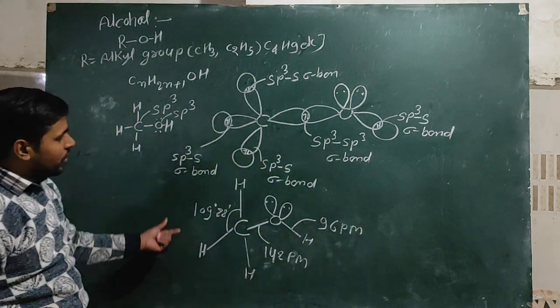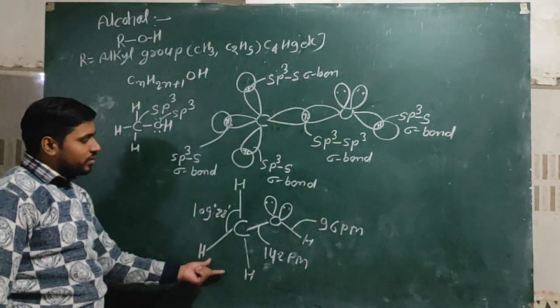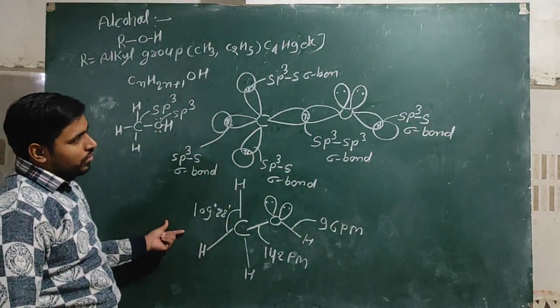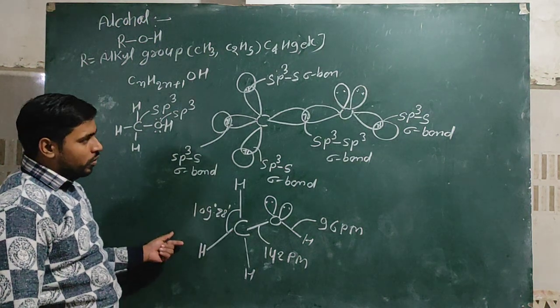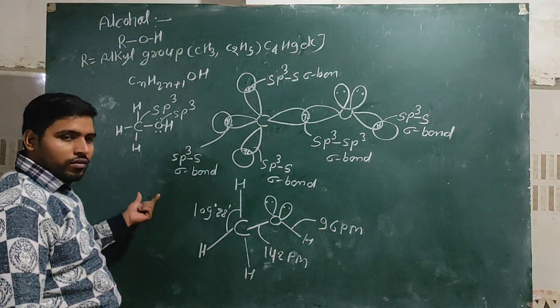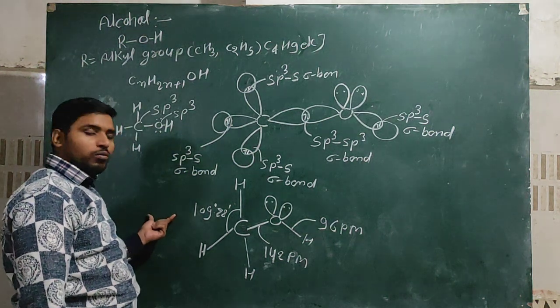On the basis of this type of discussion, you can easily understand what is the structure of alcohol. Okay, firstly you can take a screenshot on your mobile and you can write it.